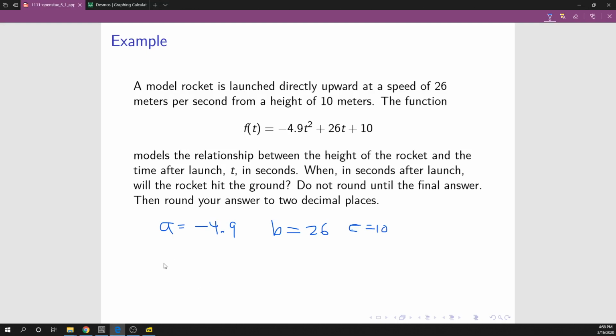All right, and so what we do is put that in the quadratic formula. X equals negative B plus or minus square root of B squared minus 4AC, all over 2A.